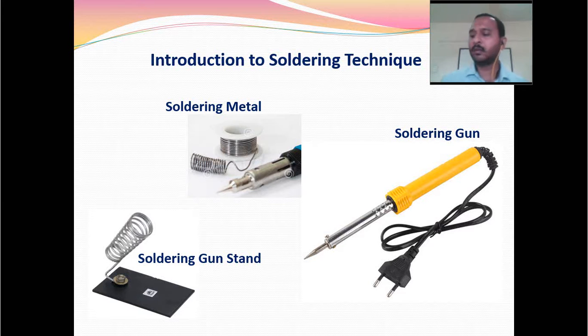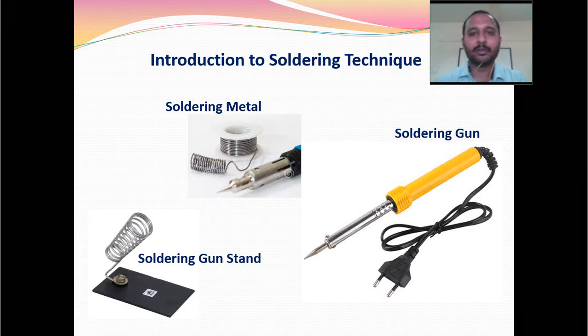Okay. Now, there is also soldering metal over here, see here. This is a metallic wire, and we use this soldering metal to solder two electronic component leads. The use of this metal is as a filler.